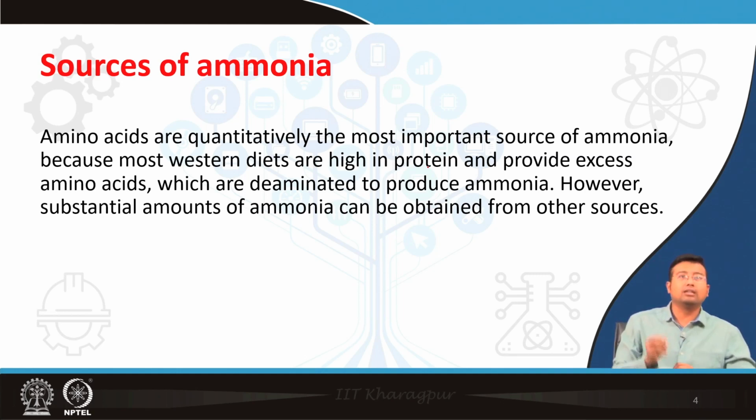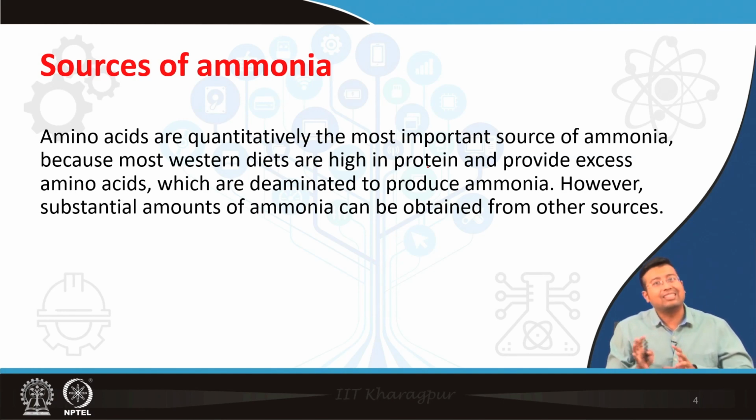As I always mentioned, main source of ammonia is the nitrogenous waste from proteinaceous diet. The more protein we eat, the more ammonia will be produced from our body. So, it is much more concerned, especially in western diets which contains much more protein. Compared to that, in Indian diet we have got a more percentage of carbohydrate.